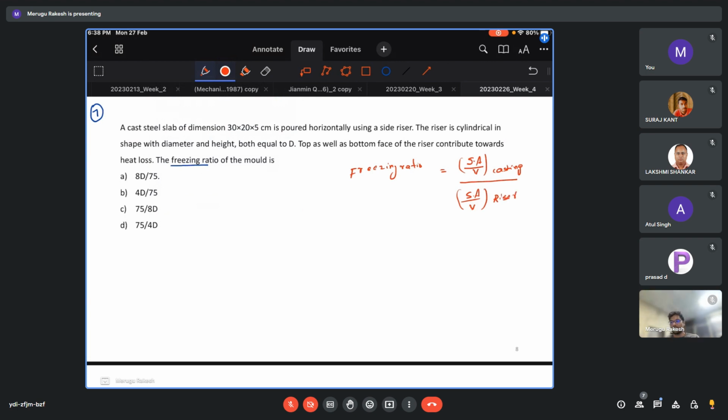So that is the freezing ratio you need to find. So any options, any answers? So straight away you can delete two options in this case.